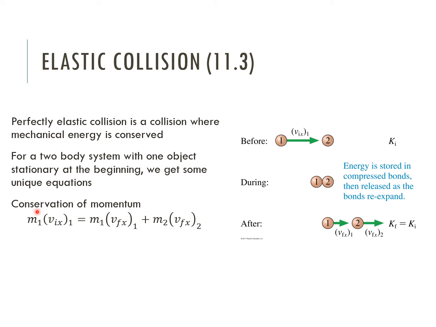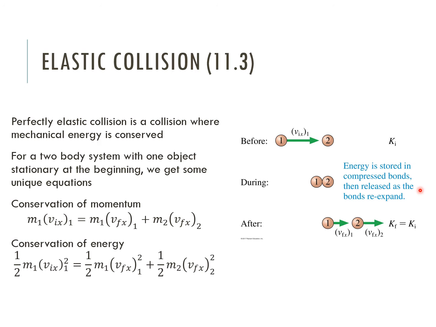Here we have what would be the conservation of momentum before, as written out by the textbook. It's got all the subscripts you could ever possibly imagine. And we then have the conservation of energy for the after case as well.